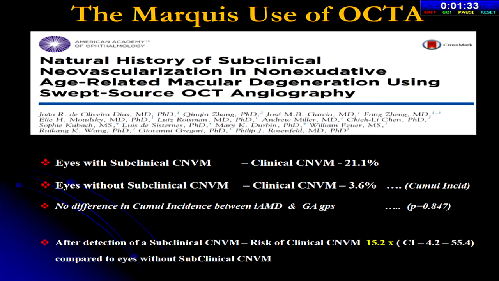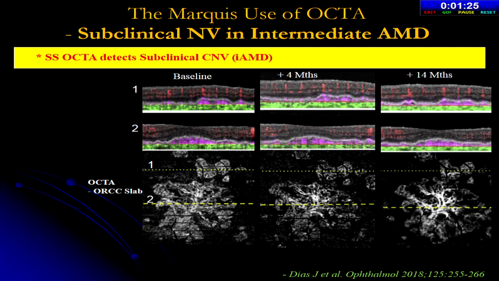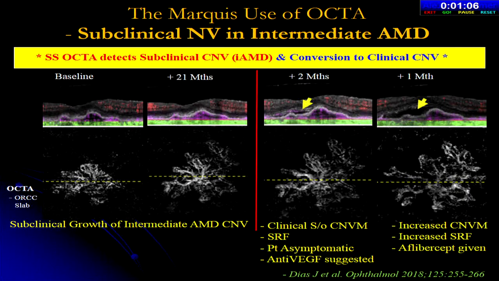After detection of subclinical CNVM, the risk of clinical CNVM is 15.2 times more than in eyes that didn't have subclinical CNVM. So this is another example from that series where you have structural OCT at 2 different levels, and you see this intermediate AMD sitting quietly there, quiescent, asymptomatic, but below the RPE, you see this creepy crawly neovascular subclinical network growing continuously, 4 months, 14 months, up to 21 months, and then suddenly at 2 months, we do not know what the trigger is.